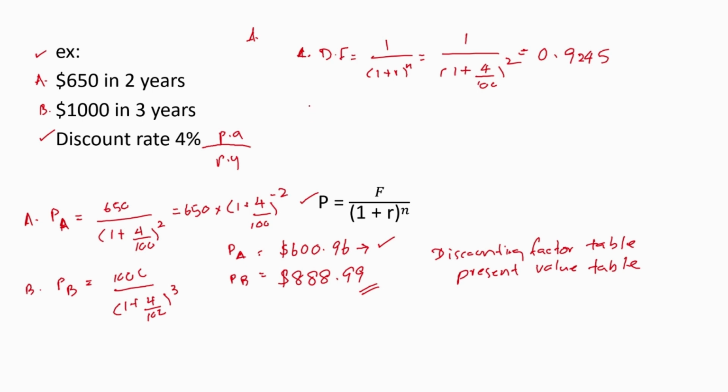Let's calculate the discounting factor for option B. The discounting factor equals 1 over (1 plus 4 over 100) to the power of 3, which is 0.8889. Now let's cross-check these values from the present value table.